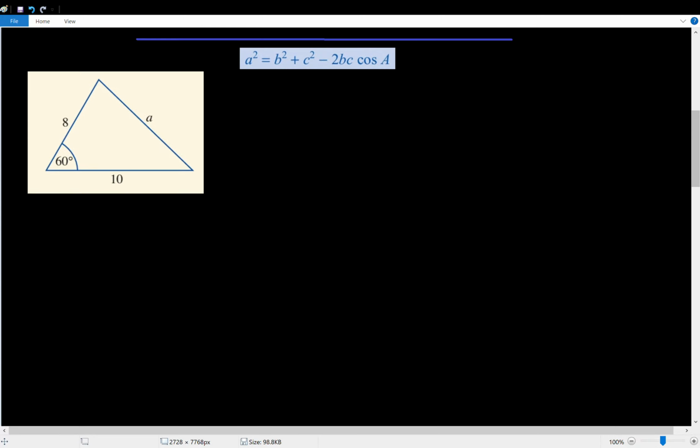So right here, we've been given two sides, their included angle, and we're looking for the third missing side that is not included in the angle. So we're going to use our formula written there on the top. We're going to have a squared, which is the side we don't know, is equal to 8 squared plus 10 squared minus 2 times 8 times 10 times the cos of 60.